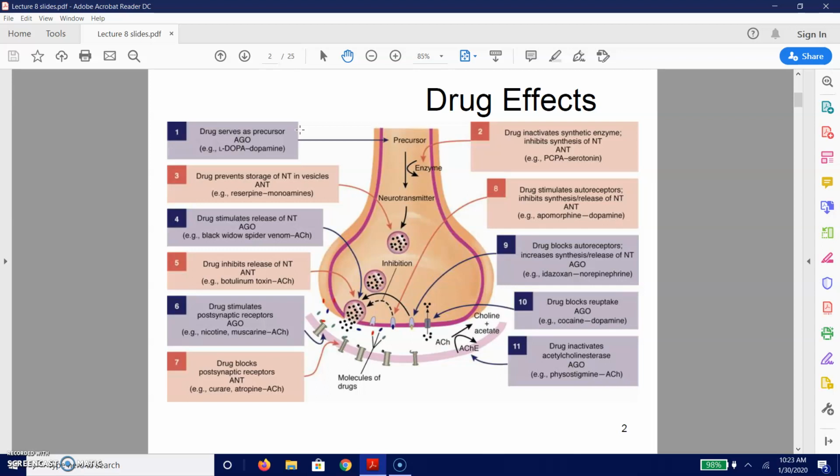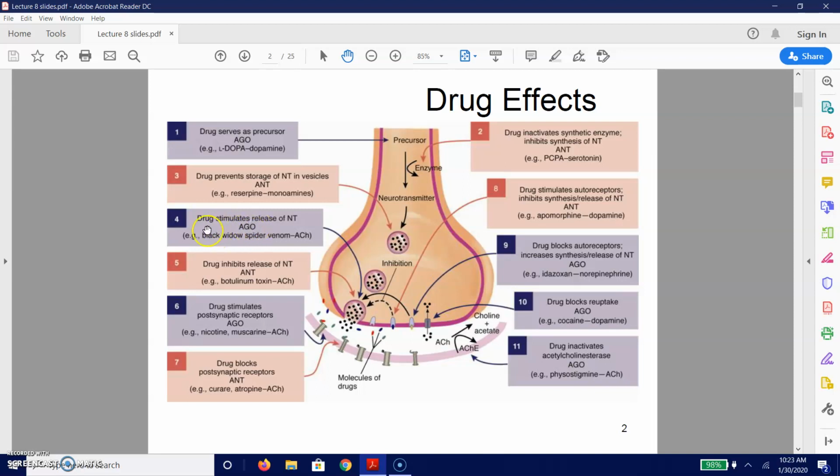What we can do, though, is provide a precursor that will make its way into the cell, and that precursor can be used to produce more neurotransmitters. As such, something like L-DOPA is actually an agonist for dopamine because it's a precursor. So it enhances that release.